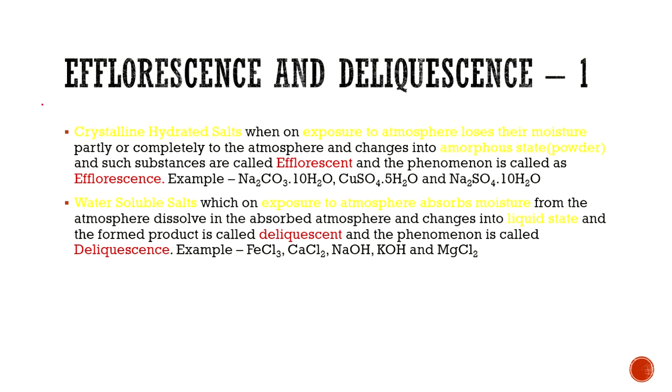Next is efflorescence and deliquescence. Listen, there are crystalline hydrated salts. When you expose a crystalline hydrated salt to the atmosphere, it loses its moisture, sometimes partially, sometimes completely, and changes into a powder known as amorphous powder or amorphous state.